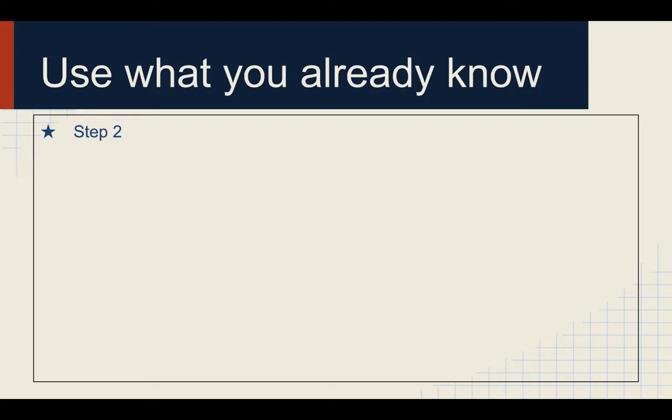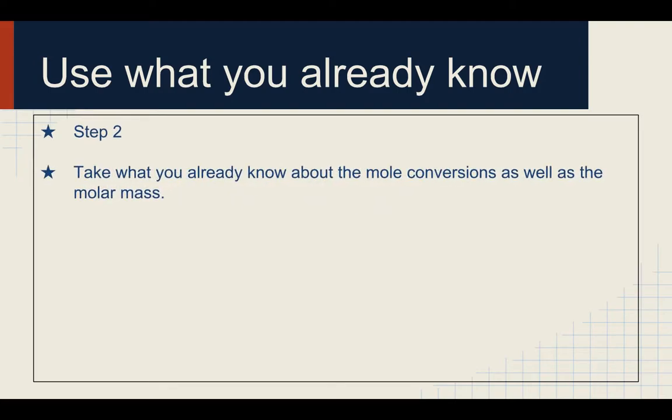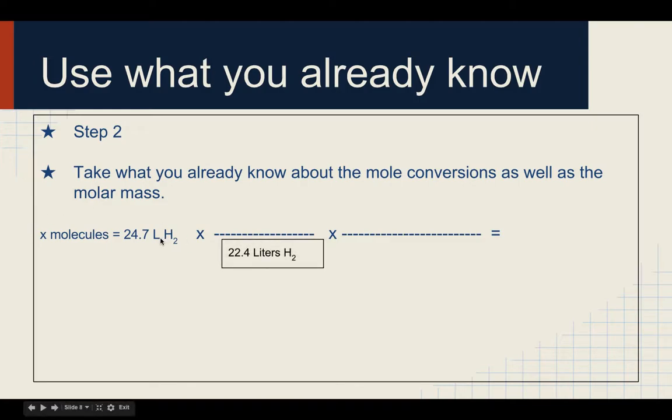So again, using what we know for step 2, I know the molar conversions as well as the molar mass, but even though I don't need the molar mass, I won't use it here, but I know how to get it. So first, liters. And we said always what on top? 1 mole. And if I have a mole here, what do I need down here? 1 mole. So then what goes here?